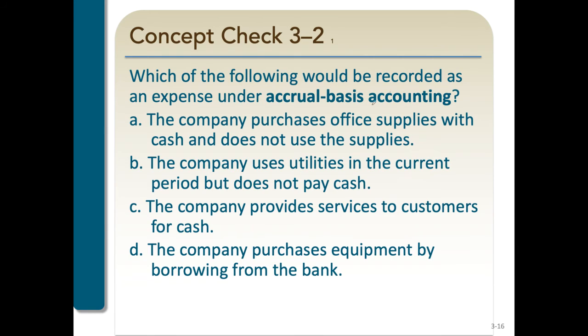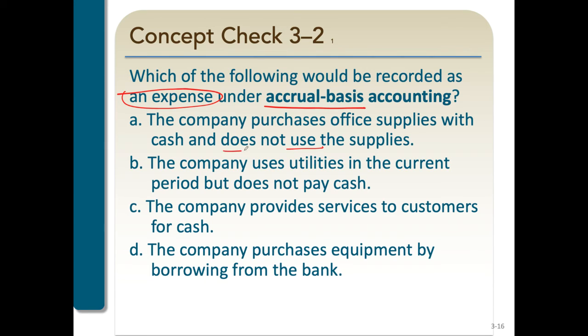Which of the following would be recorded as expense under accrual basis accounting? A, the company purchased office supplies with cash and does not use the supplies. So this is asking under accrual basis, which one of the choices is considered an expense?